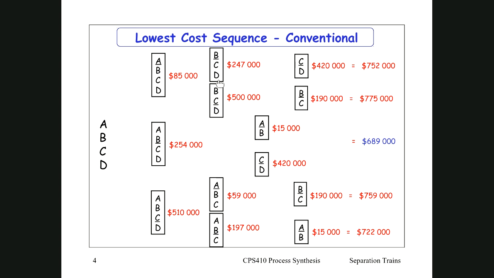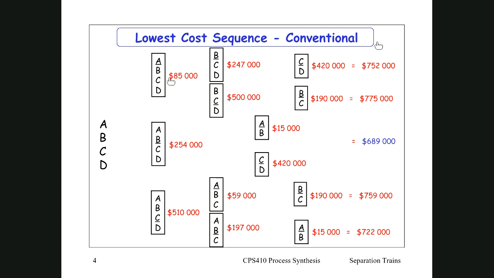Let's say you've done it B/CD, you know the cost, then you still have to separate C from D, and now you can add up these 3, the 85, 247, 420, and you get the cost of doing it in this way, which is the direct sequence all the way through. A, then B, then C, and it'll cost 752,000 Rand.